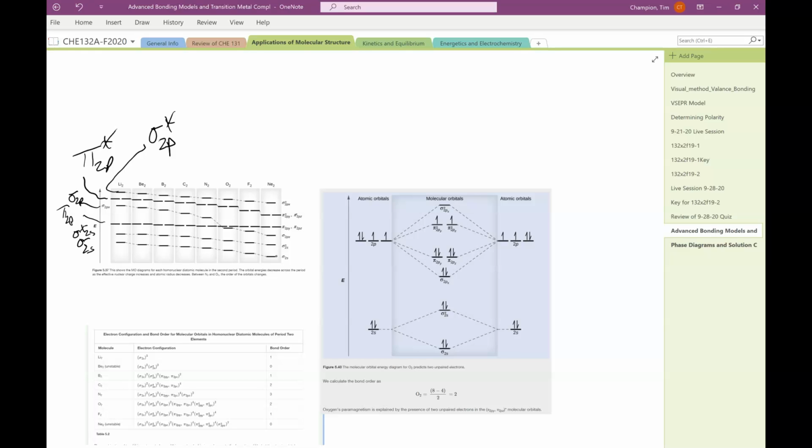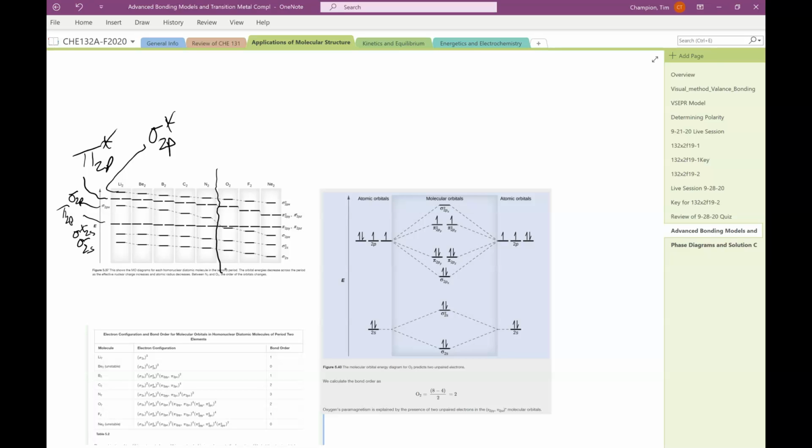Some orbitals have more penetration to the nucleus, so the sigma 2p drops rather dramatically and eventually goes below the pi 2p, starting with oxygen here. Everything goes down as we go across. So there are different MO diagrams for different things.